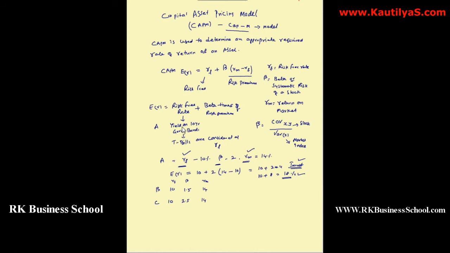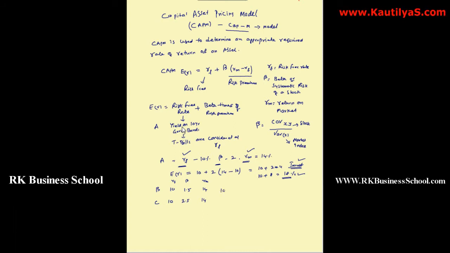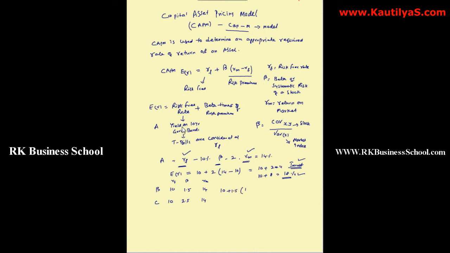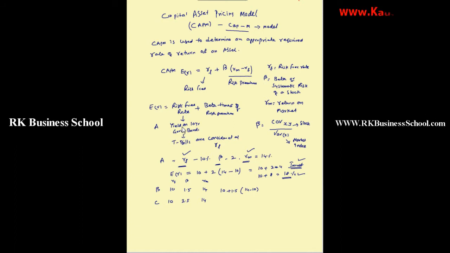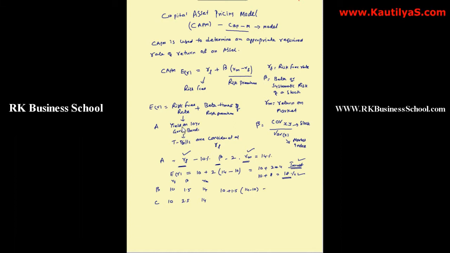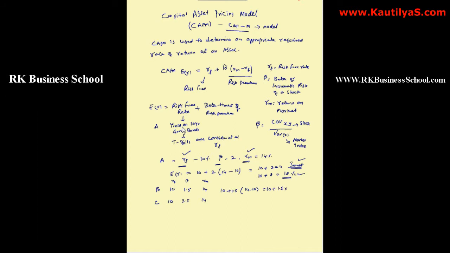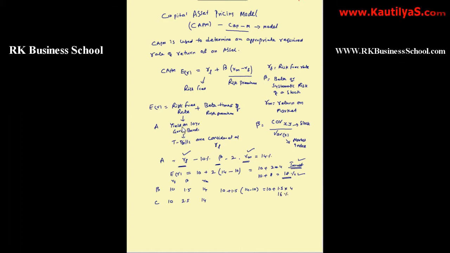Risk-free rate is 10 here, 14 will be the same, and beta for the other stock is 2.5. If you substitute the values in the equation, this equals 10 plus 1.5 into (14 minus 10), so 10 plus 1.5 into 4, which is 16%.